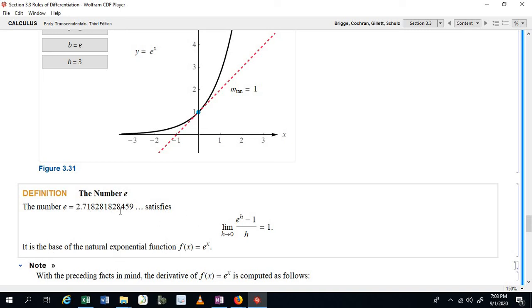Okay, and that's called the natural base. This is called the natural base. And the natural exponential function would be the function with that particular base, e to the x power. That's called the natural exponential function.